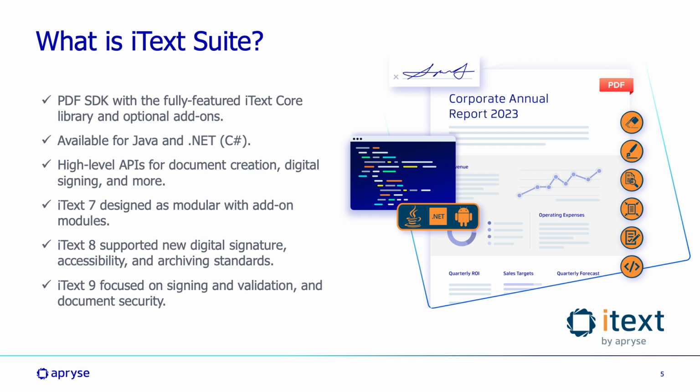iText is mostly well known because of its high-level APIs for document creation. So the PDF specification is a pretty complex ordeal. So iText provides high-level, abstract ways of looking into a document.